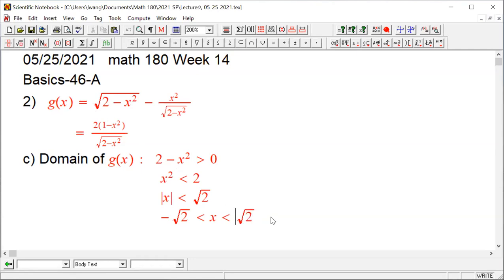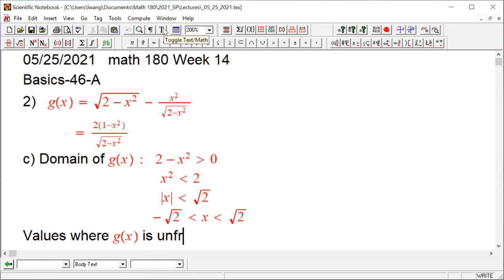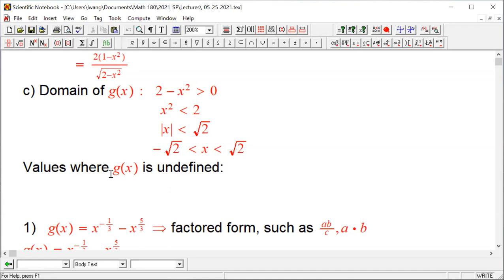But we need to indicate the numbers where G is undefined. This is where G is defined. Do you follow me? So you're going to say values where G is undefined. What are the values where G is undefined?